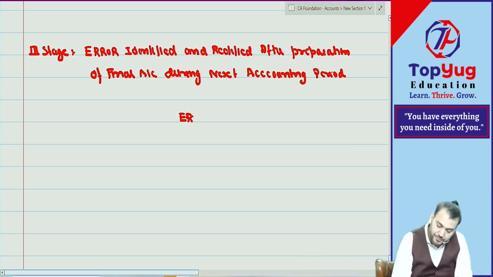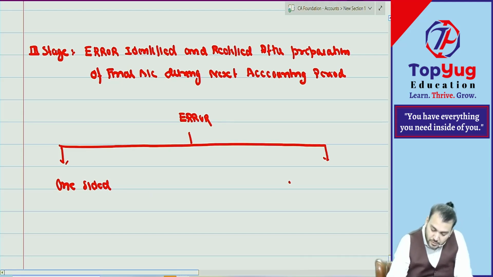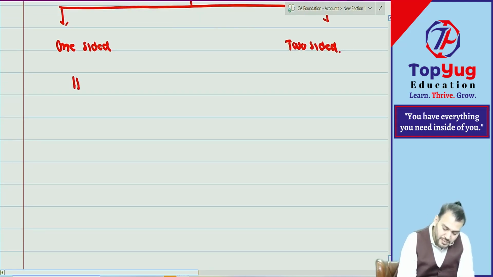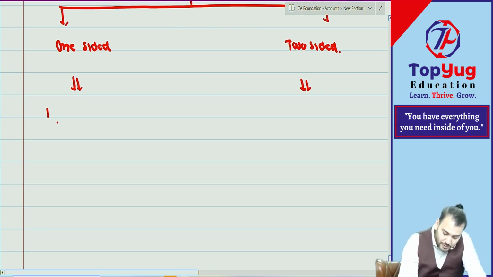So error: first we need to identify one-sided or two-sided. Means rectification entry remains same as what we have done in second stage. So we need to record rectified journal entry through which account?